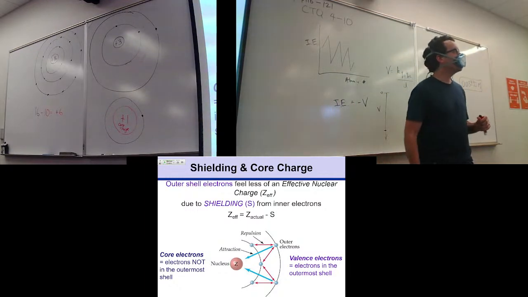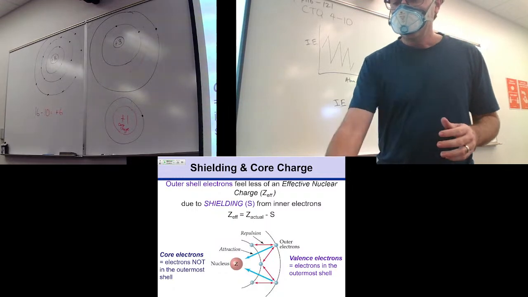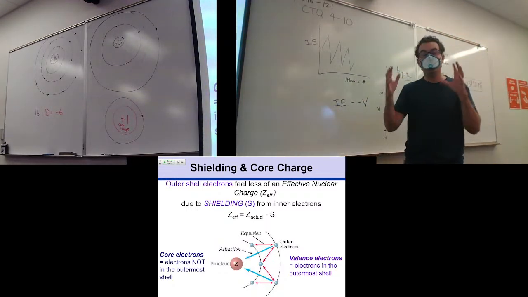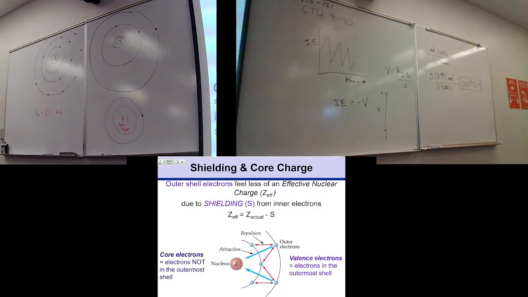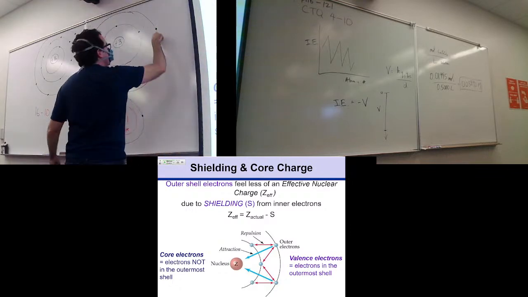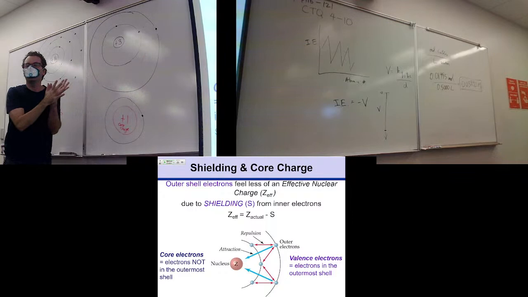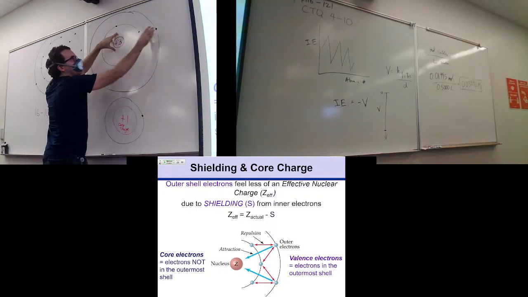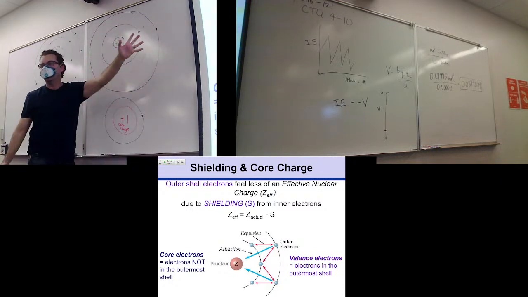Now, we don't have time to do the next activity. Core charge is a tool for helping us understand in a very simplistic way what the attraction of this outer electron is to the rest of the atom. We have to consider both the nuclear charge that's attracting it and the inner electrons that are repelling it.